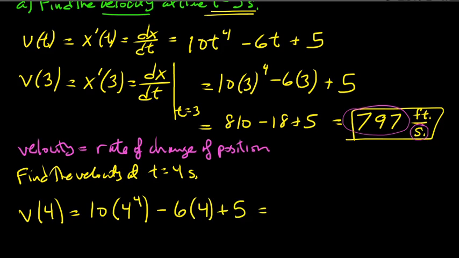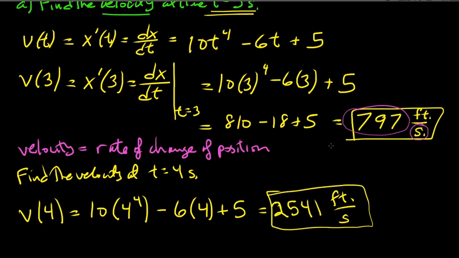Okay, so now you plug that in your calculator. 4 to the 4 is 256, times 10 is 2560, minus 24 plus 5. And if I did this right, we get a whopping 2,541 feet per second, which is way faster than 797 feet per second.